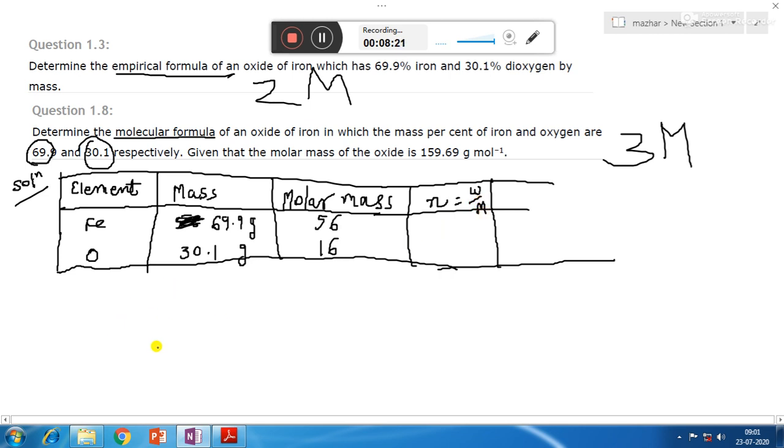You have to divide second column by third column. So in second column mass is 69.9 gram, molar mass is 56, so 69.9 upon 56, so that will be approximately equal to 1.25. And in case of oxygen 30.1 divided by 16, so it is nearly equal to 1.88. Then we have to find out simple ratio.